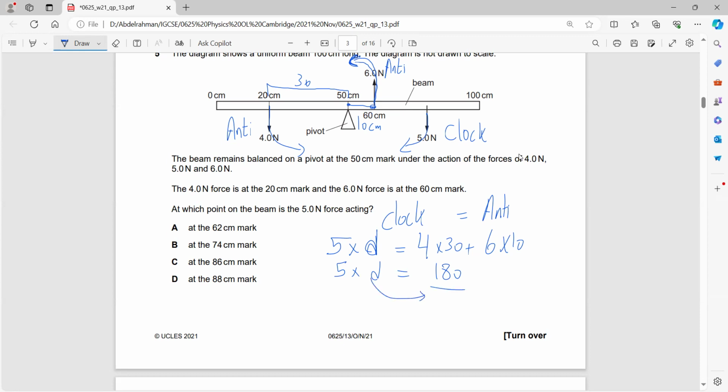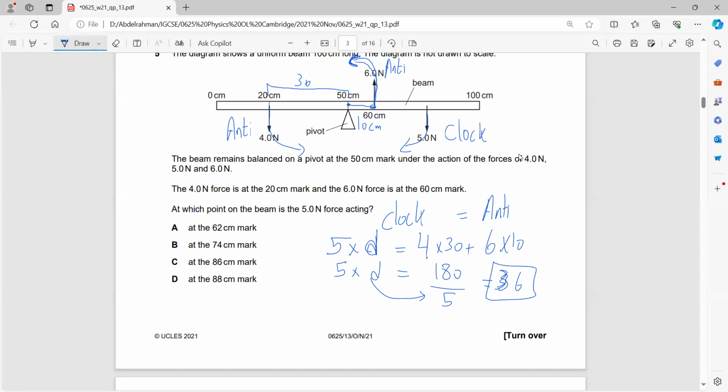All I need to do is divide by 5. 180 divided by 5 is 36. You do not have 36 as one of the answers.